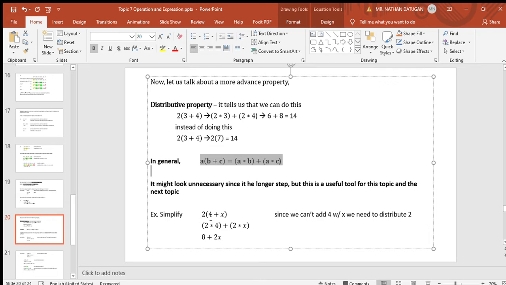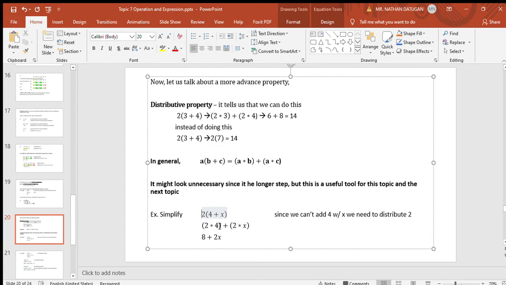But what we can do is distribute 2 to both the first term and the second term. So 2 times 4 is the new first term, and then 2 times x will be our second new term. That makes sense.